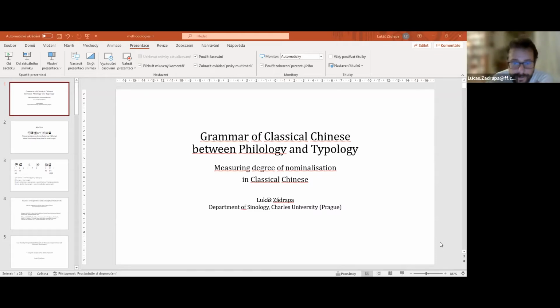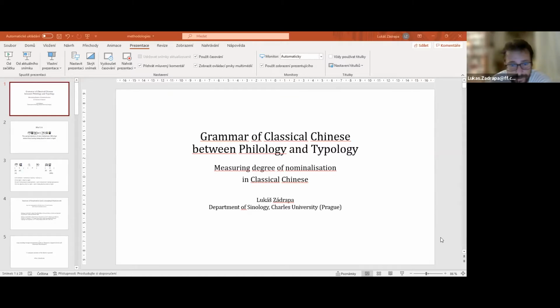I called it, in a quite stupid manner, between philology and typology, but there is something to it, because I think that philology must be the very foundation of linguistic work, this close reading of text and understanding the text. But on the other hand, doing, for example, only Chinese linguistics without any reference to typology and general linguistics is much less fun and much less exciting.